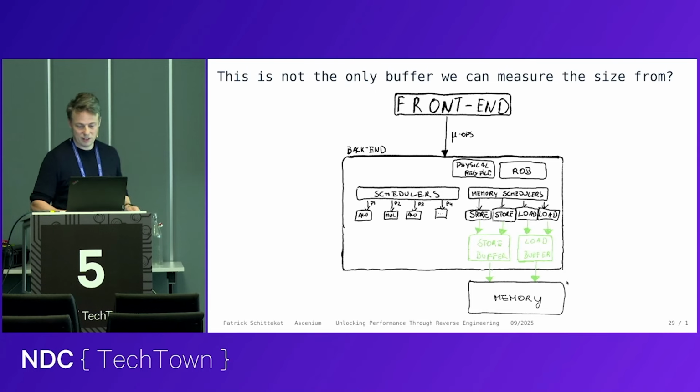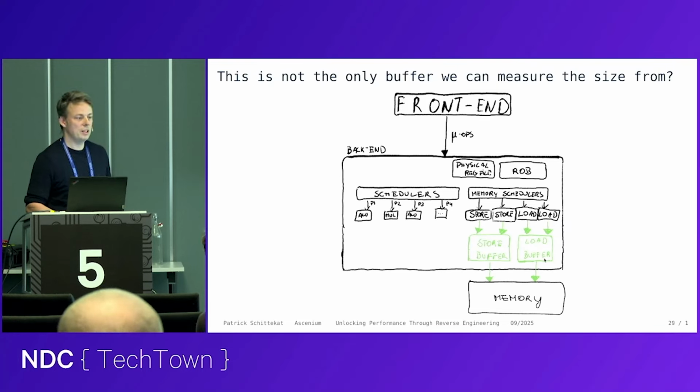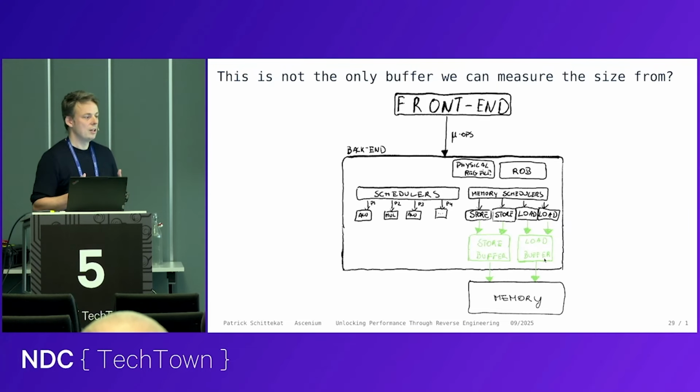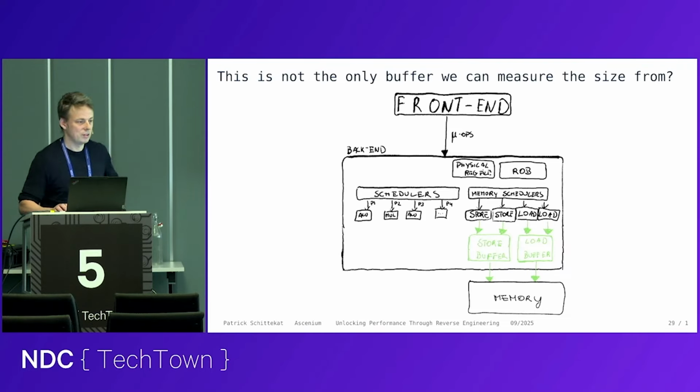I put this load here, you put it here, until it waits. So it's kind of the interface between the caches and the store and load buffers. And this also has a maximum size, which we can find out.